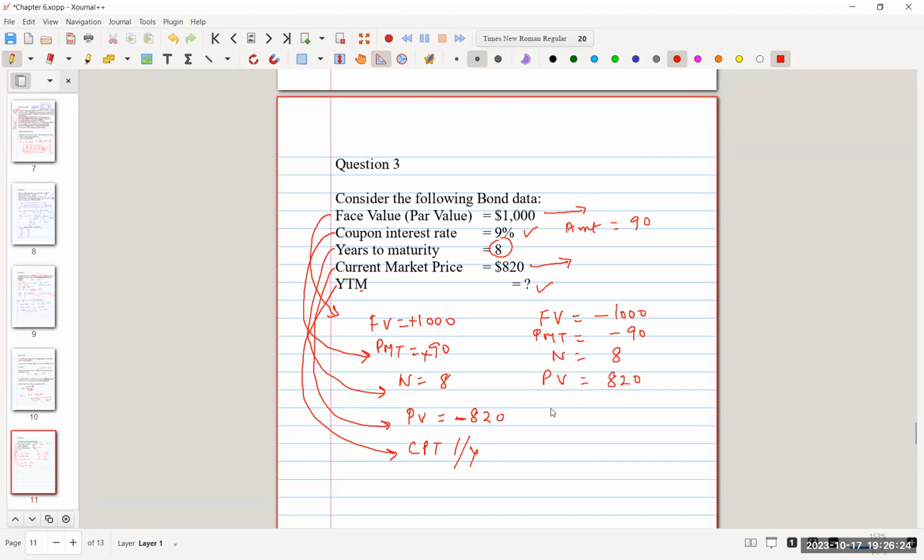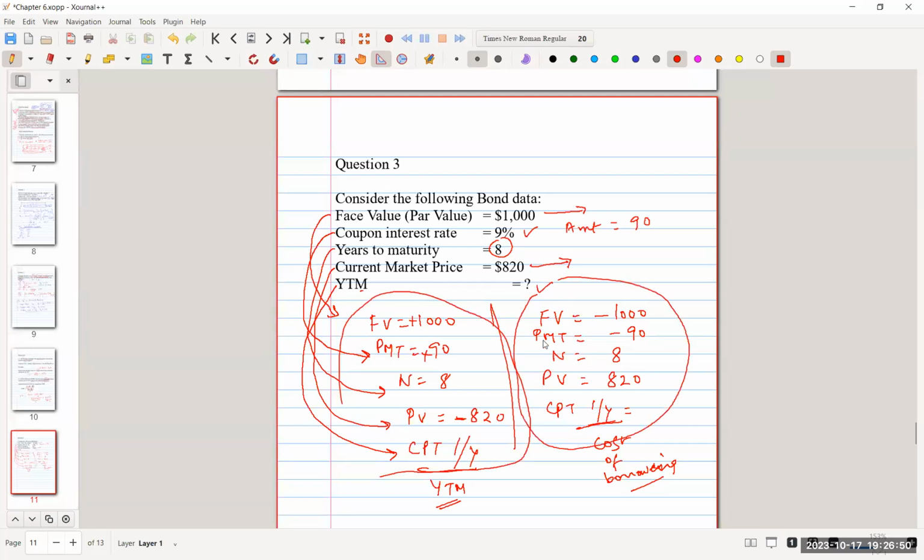Somebody is paying me that. Compute this for the buyer. This is YTM, the yield or the return. For the borrower, this is cost of borrowing. The same number will be seen differently by different people. So either put this into your calculator or put this into your calculator. Your result will be the same.